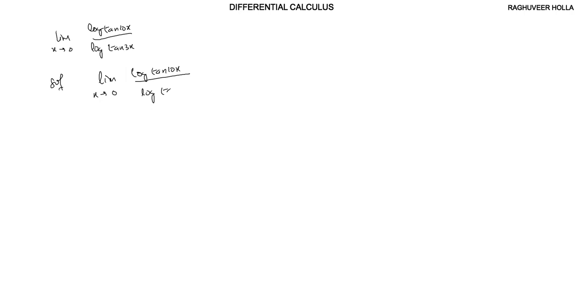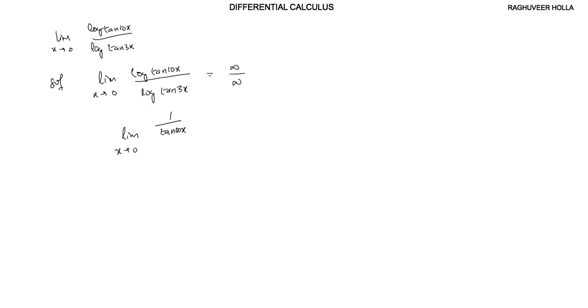Now when you put limit x tends to 0, we get infinity by infinity, which is an indeterminate form.